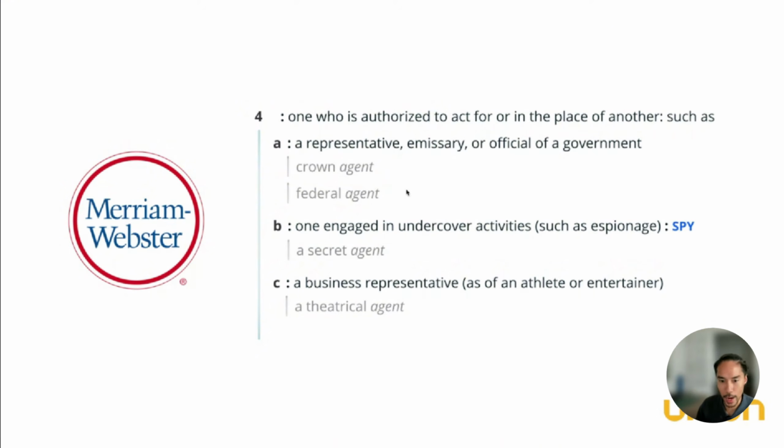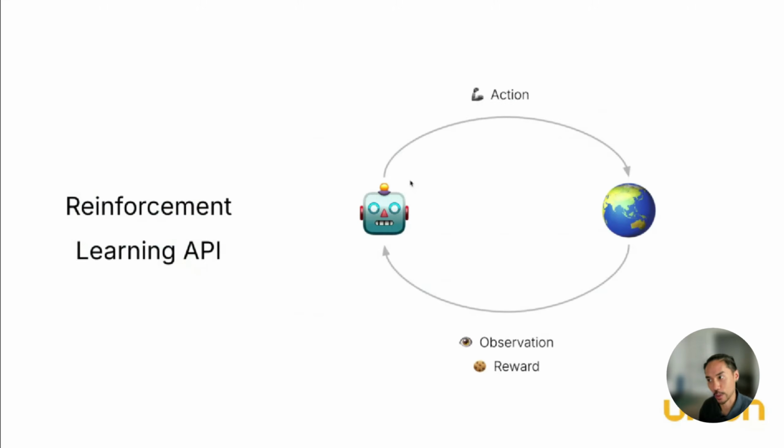But I'd like to unpack these various definitions, right? If you're coming from a traditional or classical ML background and you have some background in reinforcement learning, agent also has another meaning. An agent is a thing.